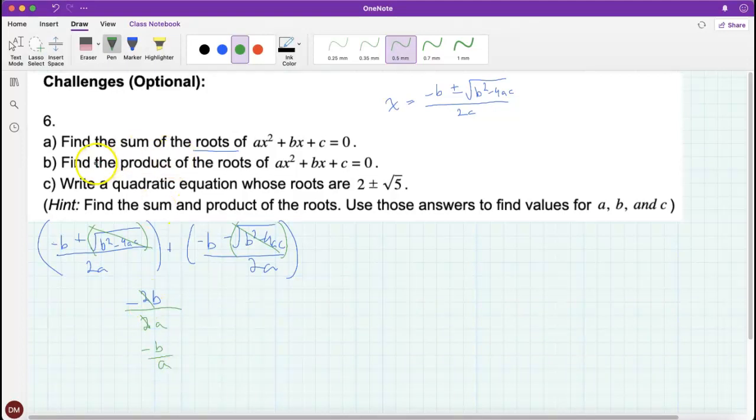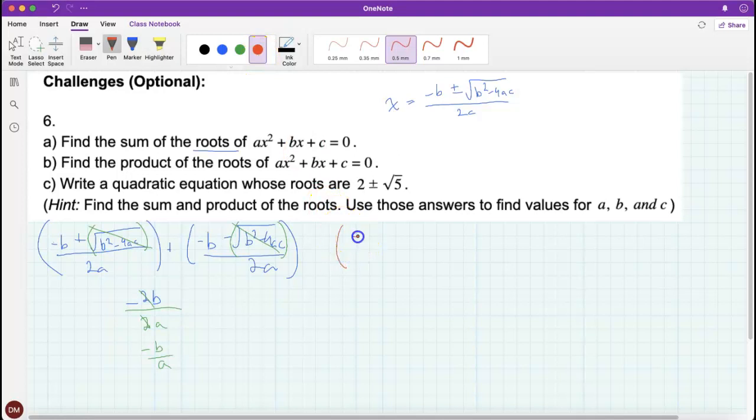And similarly with the product of those roots, so the same thing again. I'll just rewrite them.